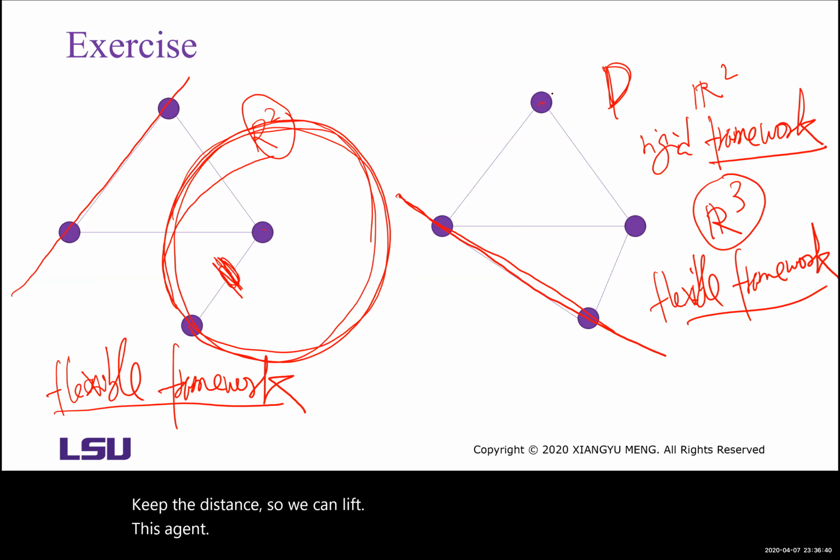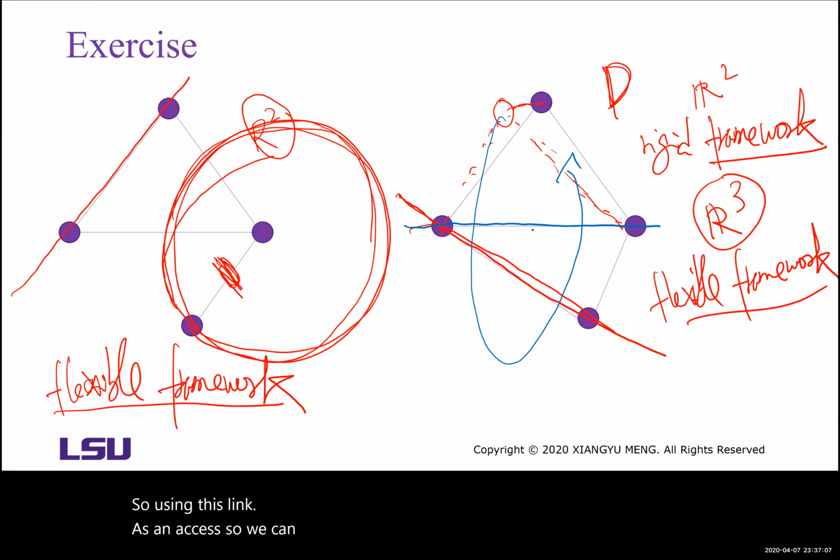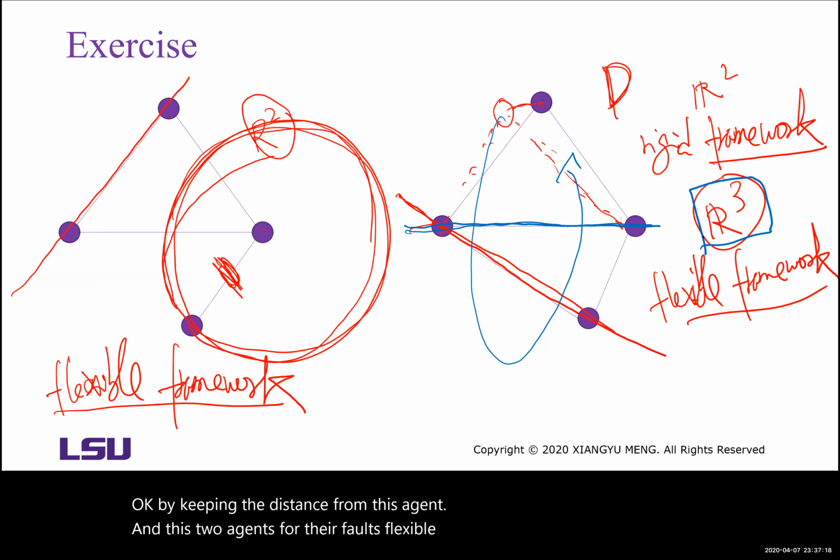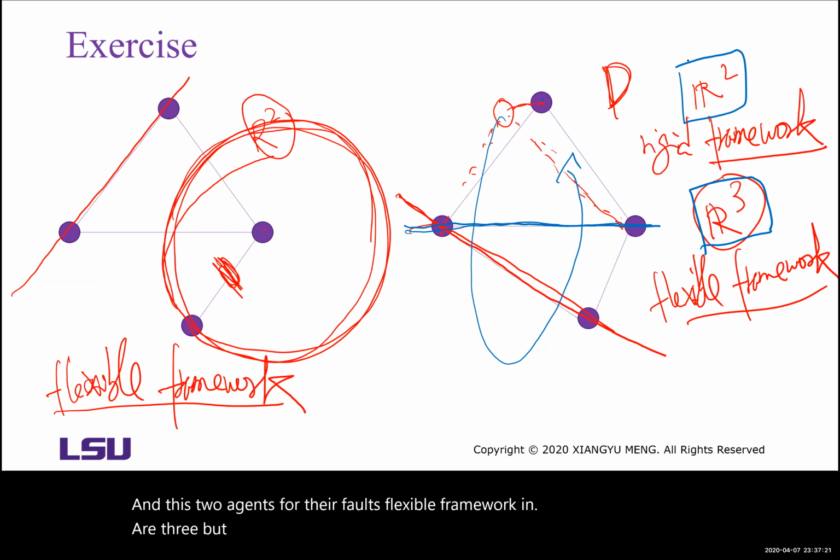You can think in 3D, we can lift this agent by keeping the distance, using this link as an axis, so we can rotate around this axis, keeping the distance from this agent to these two agents. Therefore, it's a flexible framework in R3, but it's a rigid framework in R2.